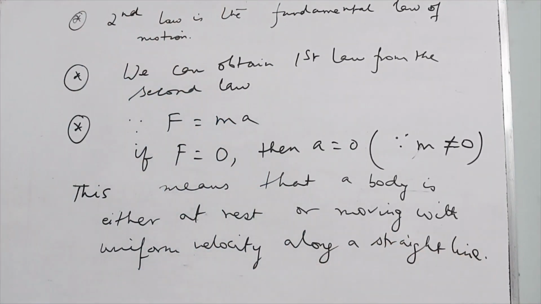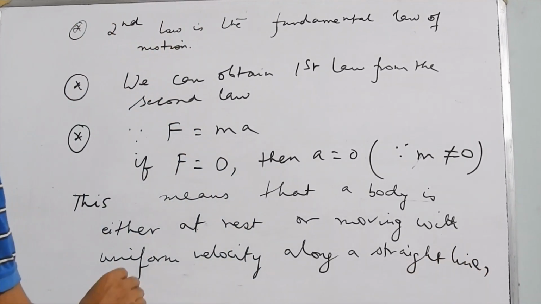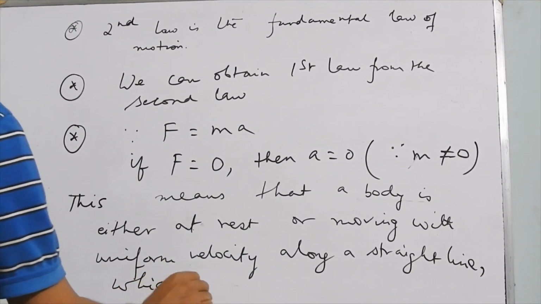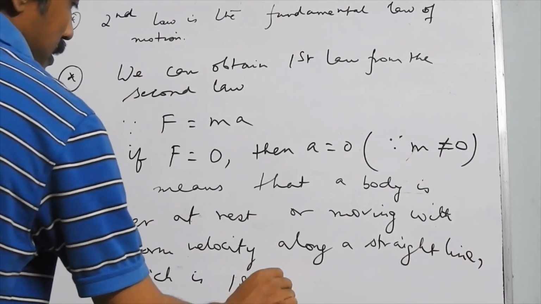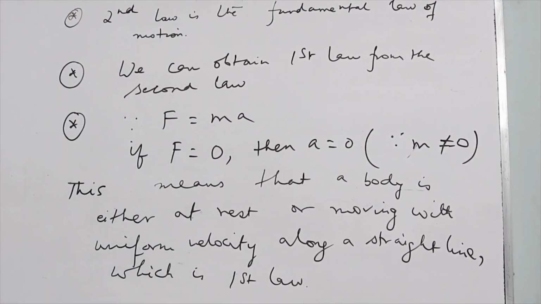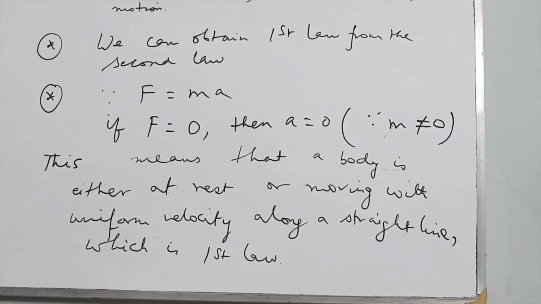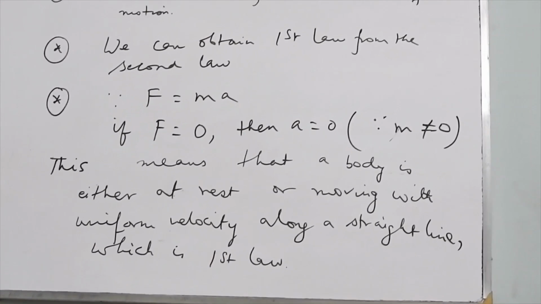And this is nothing but Newton's first law of motion, or the law of inertia, which says that a body maintains its state of rest or uniform motion along a straight line unless and until it is acted upon by forces on it.